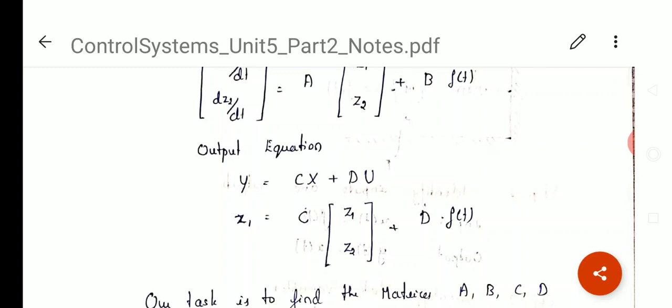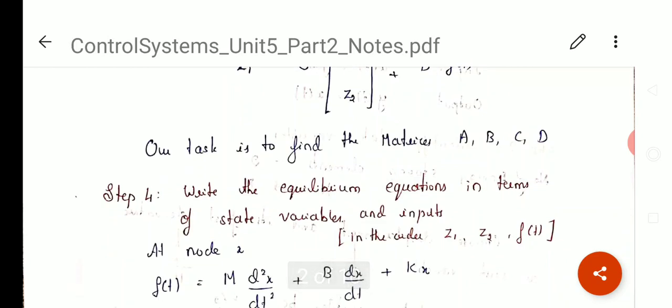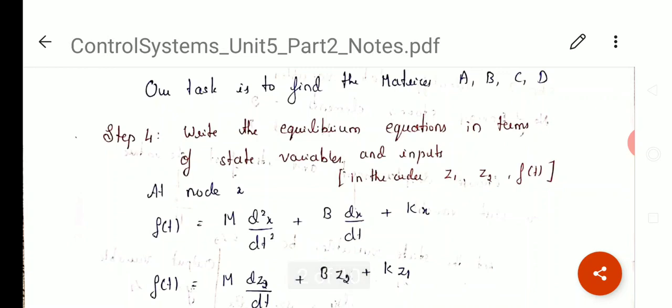X is nothing but state variables and u is the input. Therefore we need to get the equations in terms of the state variables, that is z1 z2, and the input f of t. Now you already know how to write equilibrium equations for the mechanical system.